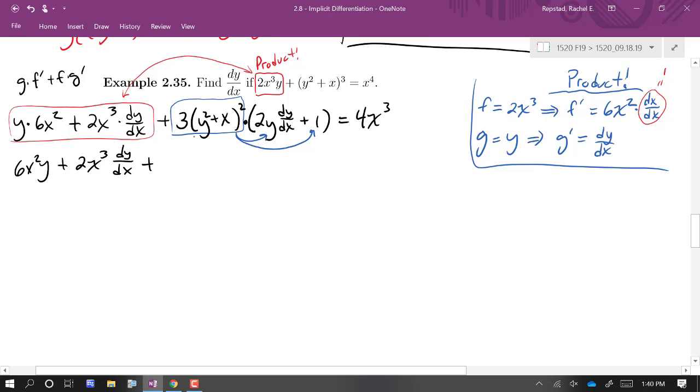Now, if I distribute that stuff in the box to 2y dy dx, I'll have 6y squared plus x squared times dy dx. I'm going to pause there for a moment and just see, do you agree that this is the result when I multiply these things together? Is everything accounted for?